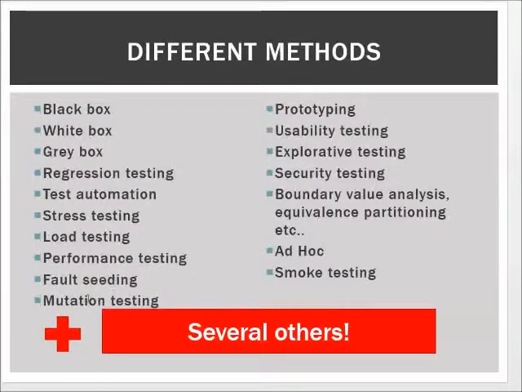So overall, what you have to understand is that there are several very similar and very different ways of doing testing work, and these are all called different test methods.